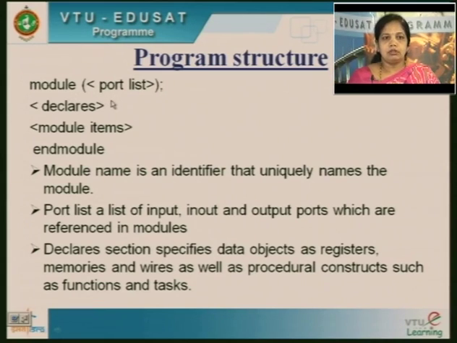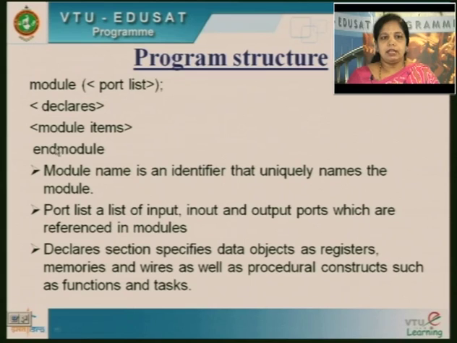After this, I am going to declare what functionality I should perform. Declaration specifies the data objects. It can be registers, memory, wires or any other procedures, functions and tasks that I am going to perform, and that will be declared here.